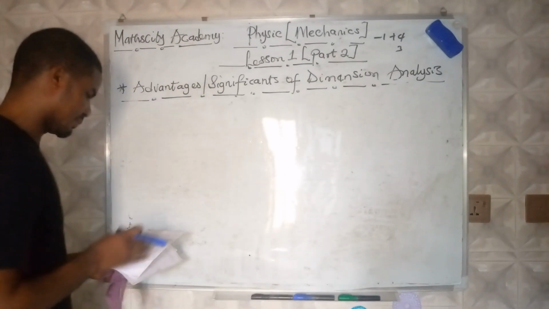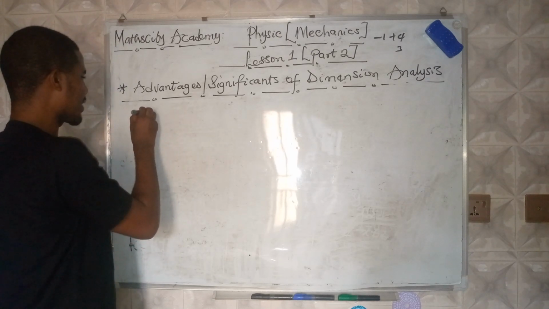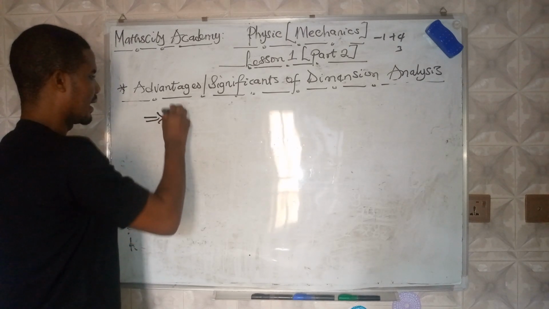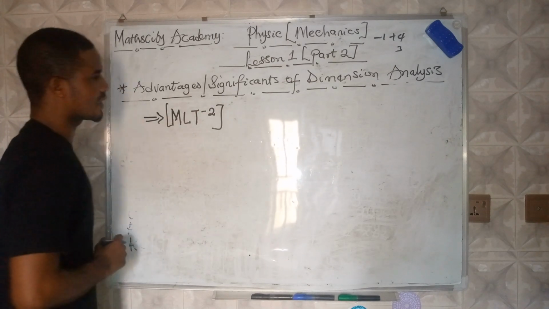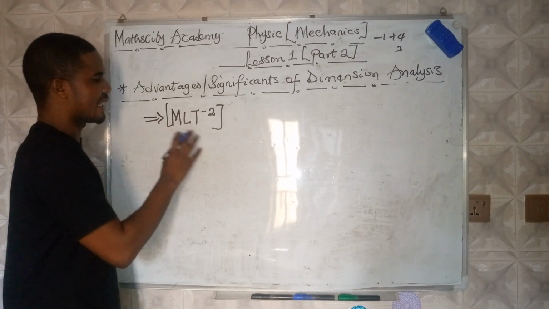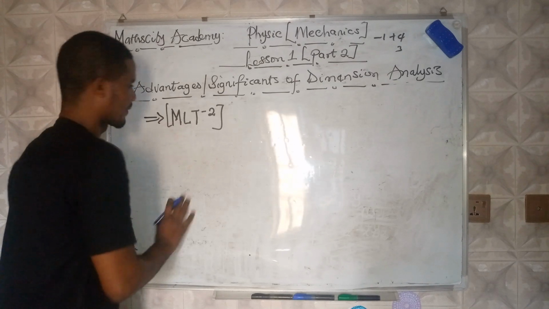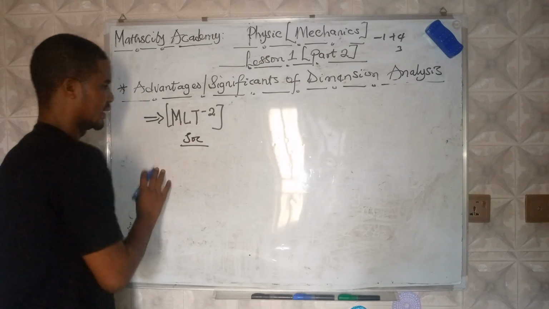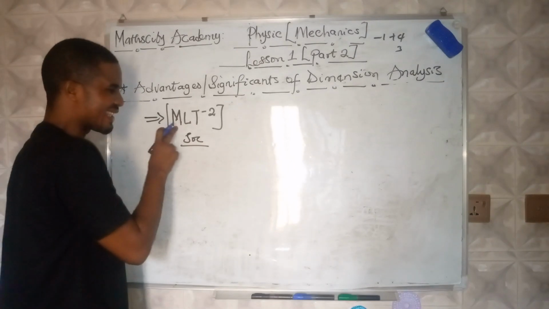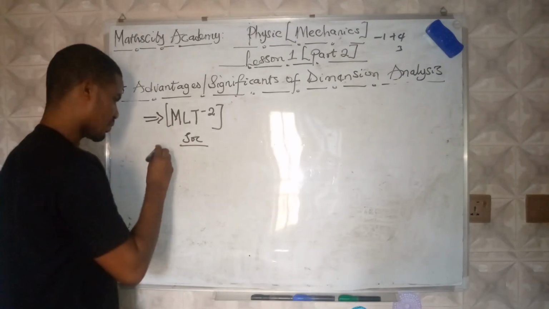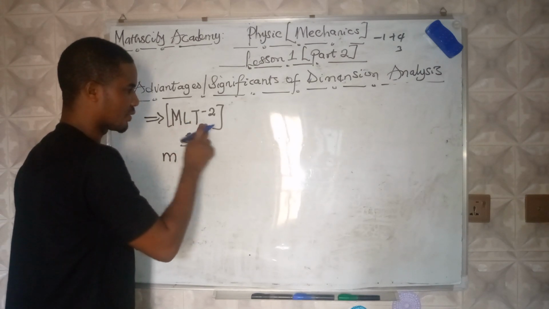Let's take an example. We have a certain physical quantity whose dimension is MLT^-2. They now ask me to find which physical quantity this is and what is its unit of measurement. So my solution becomes: this is the dimension of mass, so I can have M. Now this is the dimension of acceleration, LT^-2, hope you understand.